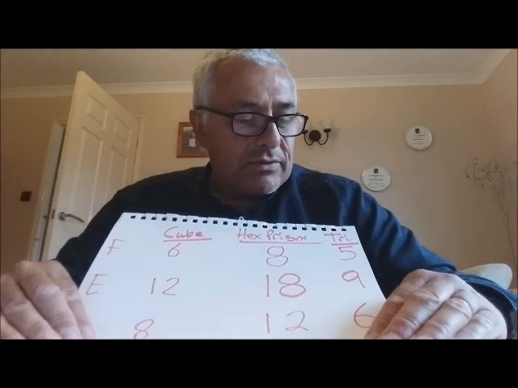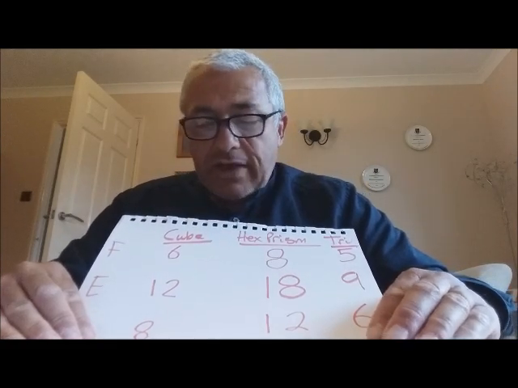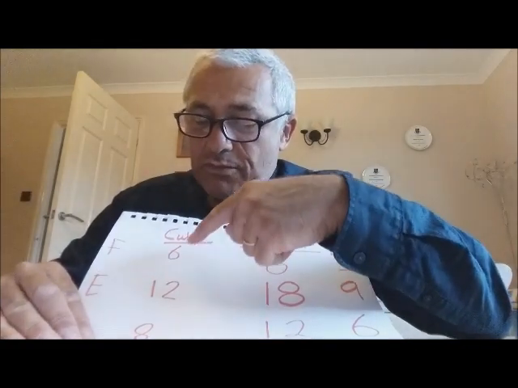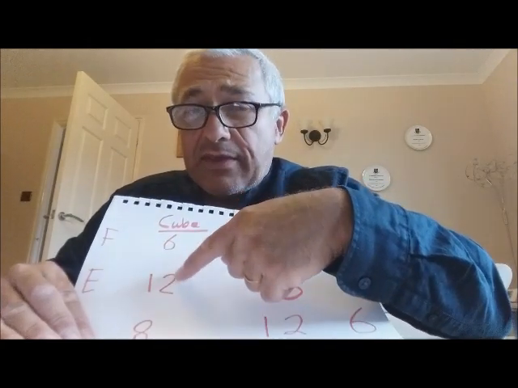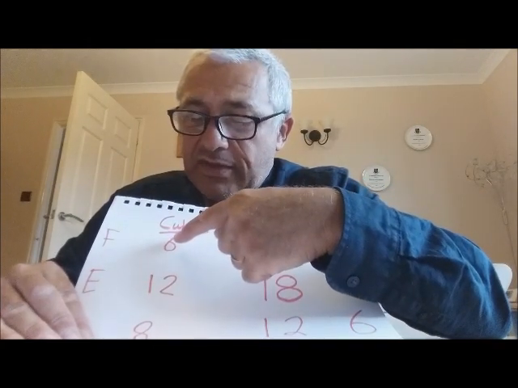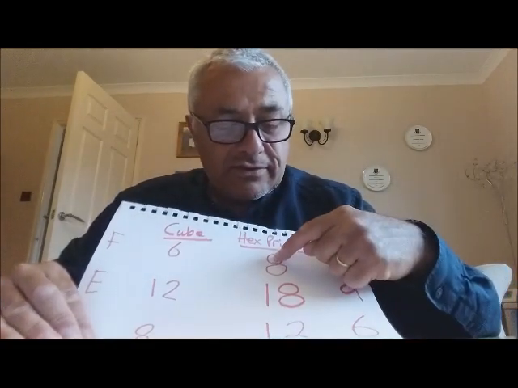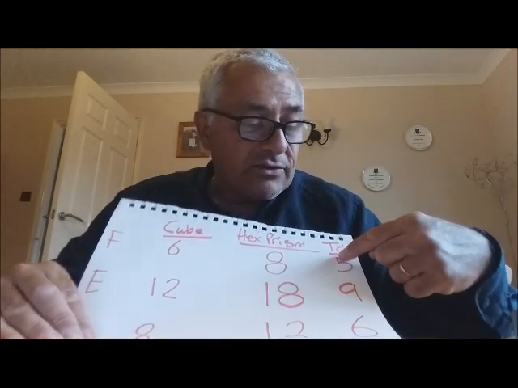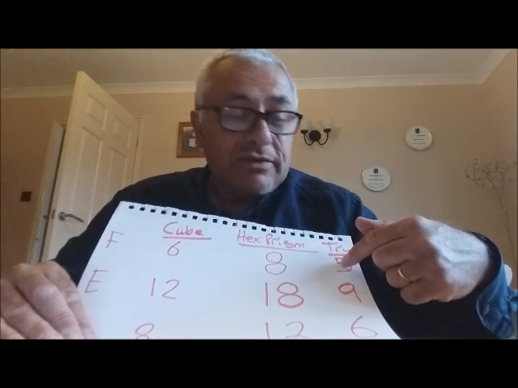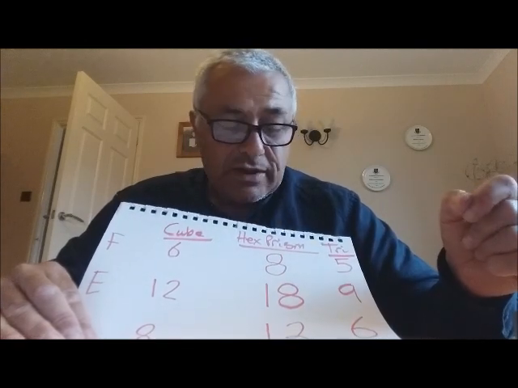Okay, now you can't just say that, well, when we did the cube, there was a 6 there, and then there was a 12, and we thought, oh right, so this number is always twice as many. Well, it's not. 18 isn't twice 8, and 9 isn't twice 5, so that doesn't work out. That doesn't work out either.